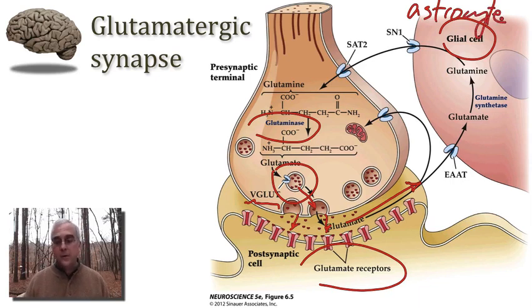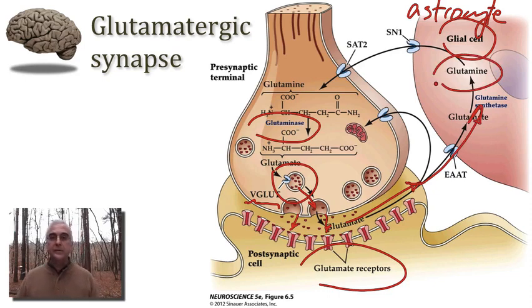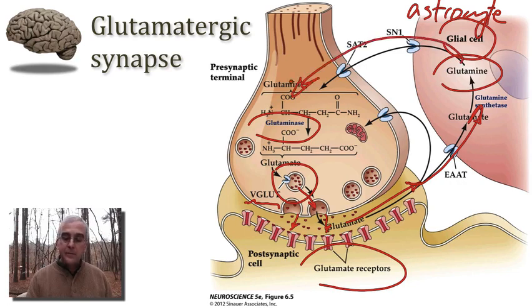The excitatory amino acid transporter takes up the glutamate, where it's converted back to glutamine. So glutamine is, in essence, a storage form of glutamate that can sit in reserve within astrocytes before being recycled as needed back to the presynaptic terminal. There are other kinds of co-transporters that allow glutamine to cycle back to this presynaptic terminal, where it can once again be hydrolyzed by glutaminase into glutamate, ready for another round of synaptic release.